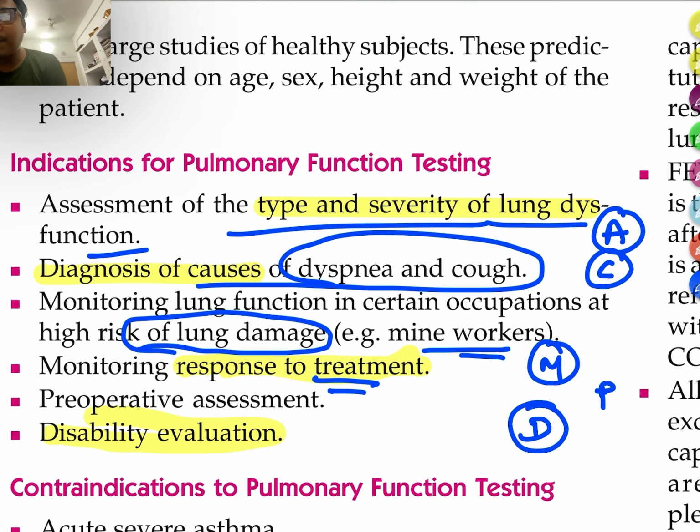Pre-op assessment is to be remembered with this section. This is all about our indications. So we have to remember 5 indications: assessment, including pre-op assessment and severity; disability evaluation; diagnosis of the cause in case of dyspnea and cough; and monitoring lung function.